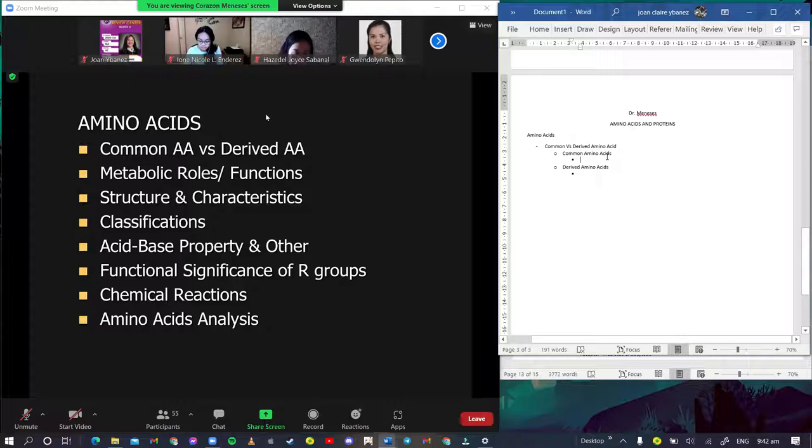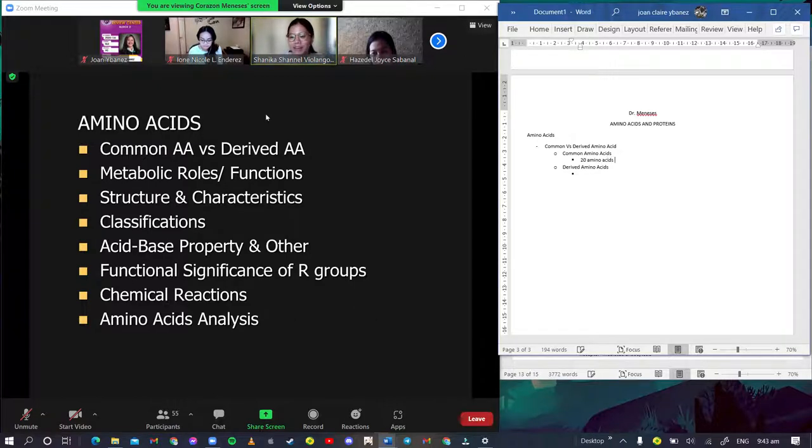I can explain the common amino acid and derived amino acid. For common amino acids, the clue would be the 20 amino acids that can be found in humans, listed in the table in Harper's, like valine, glycine, and so on.